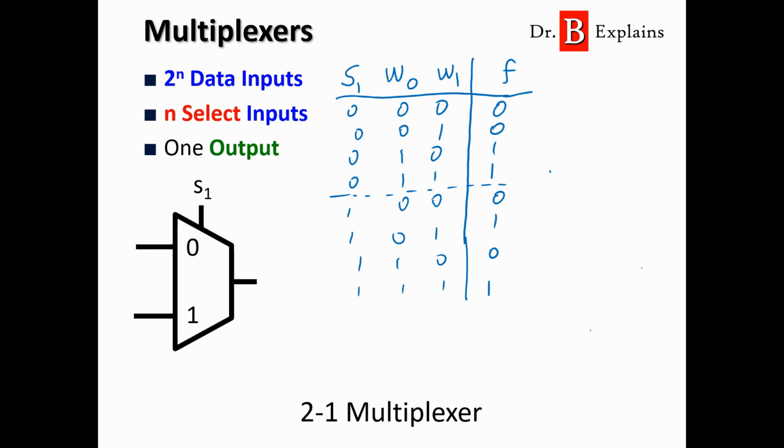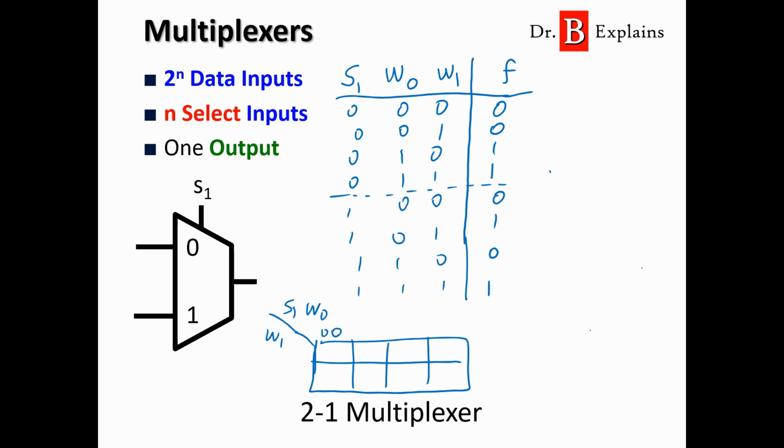Okay, and then we can do the K-map for this, or we can do just the minterms and Boolean algebra, but it will end up something like this. So the K-map will be: I have S1, W0, and W1, with 0 0, 0 1, 1 0, 1 1 and the corresponding values.